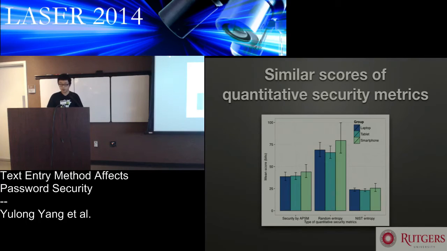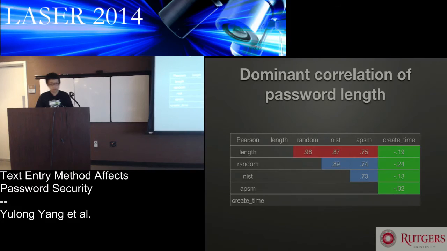Then we dug a little deeper. We think one possible reason for the similarity across the groups in such metrics is that we correlated the length with the three security metrics we used, and you can see from the red color cells, they are highly correlated with the password length.